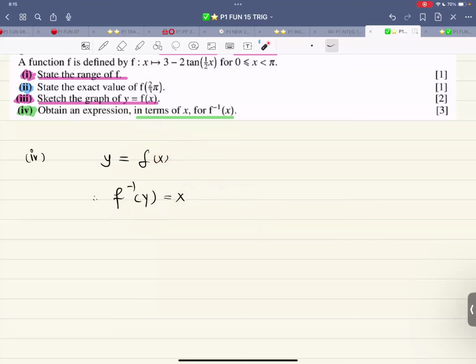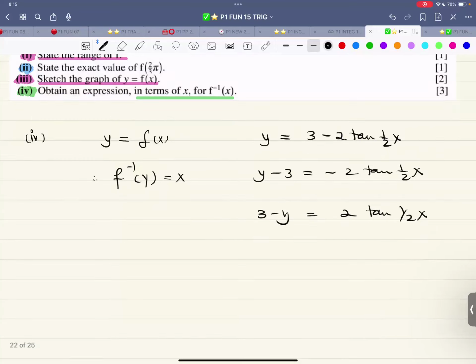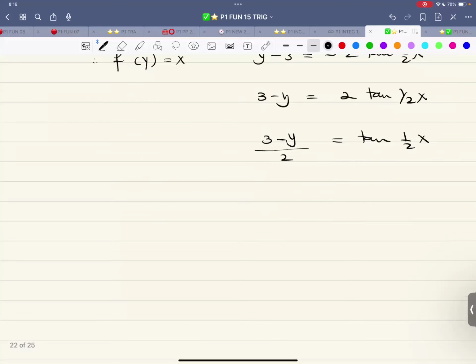That is the logic. So now over here, if I write y equals 3 minus 2 tangent half x, y minus 3 is negative 2 tangent half x. 3 minus y is 2 tangent half x. 3 minus y divided by 2 is tangent of half x. Tangent inverse of (3 minus y)/2 is half x.